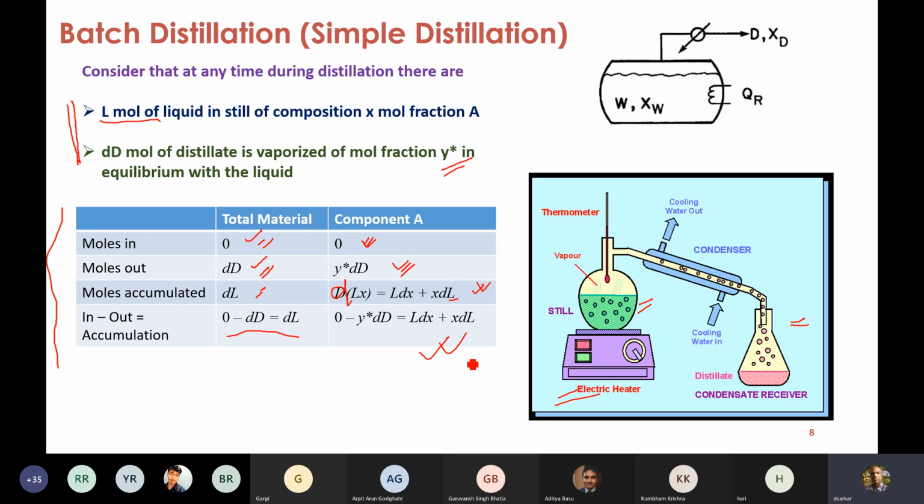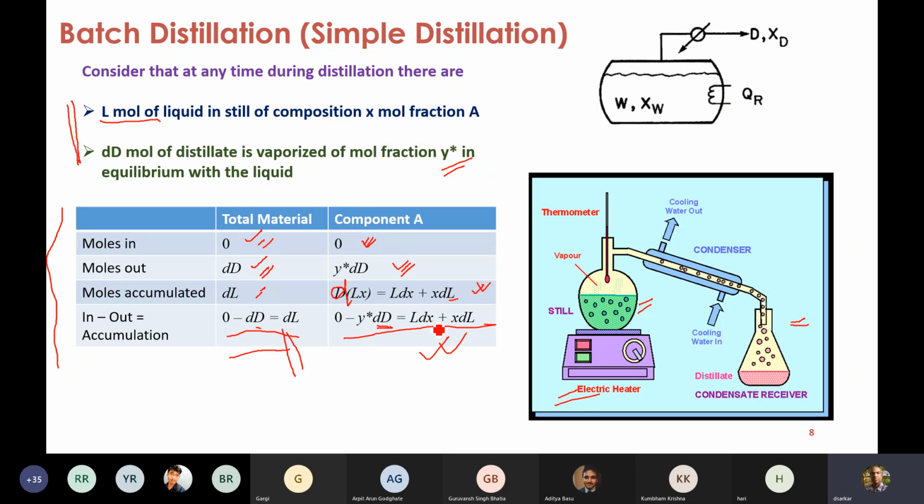So this, now we just concentrate on these. So you have dD here, which can be substituted in terms of dL using this relation, that dD equal to minus dL. So this minus that minus will be now positive.